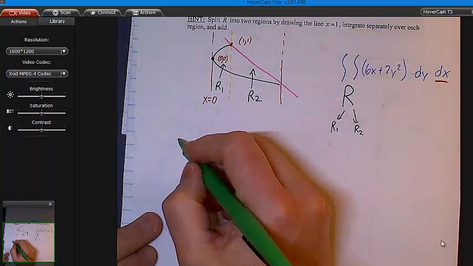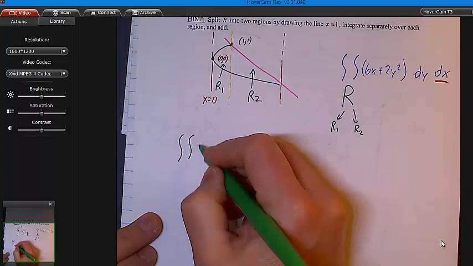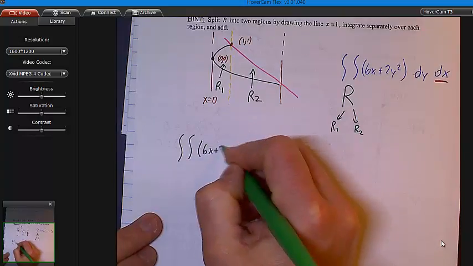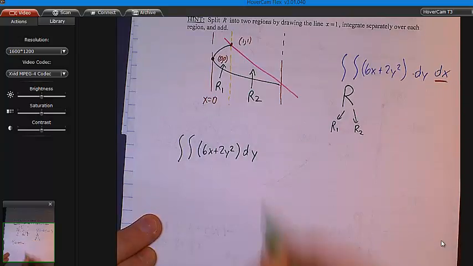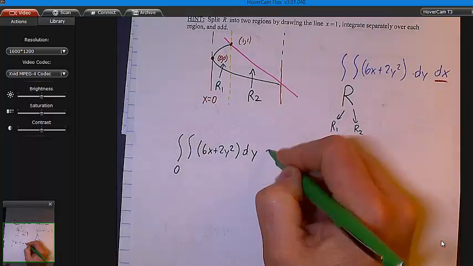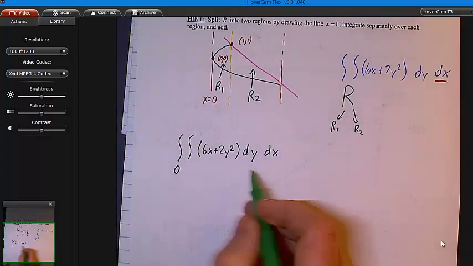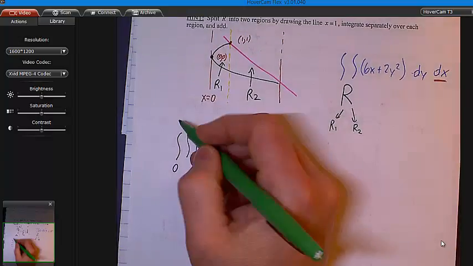So if we have the first region, R1, so let's see, 6x plus 2y squared dy, we're going to be integrating from x equals 0, because this is the outer one, x equals 0 to x equals what? 1.